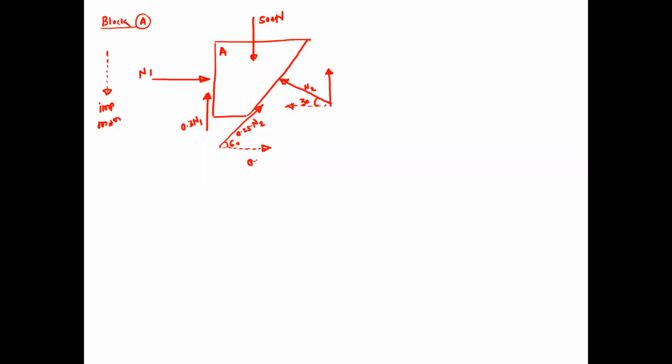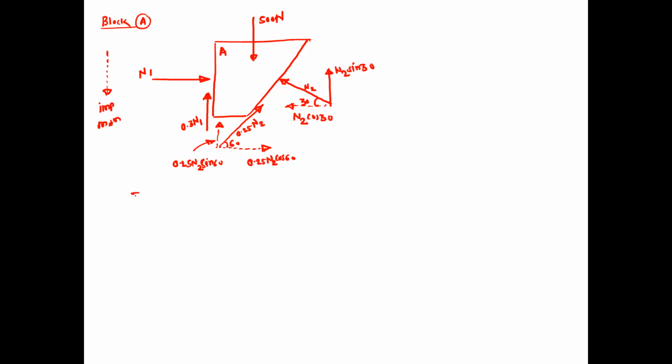So this will be 0.25 N2 cos 60, and this is the y component, 0.25 N2 sin 60. Then this N2 sin 30, and this will be N2 cos 30. So this is the complete free body diagram.